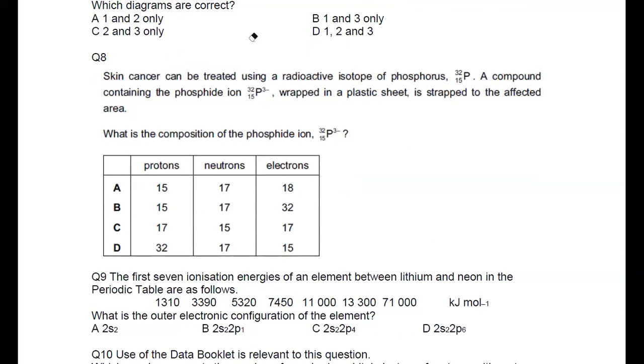Okay, skin cancer can be treated using a radioactive isotope of phosphorus. A compound containing phosphide ion wrapped in a plastic sheet is strapped to the affected area. What is the composition of phosphide ion?